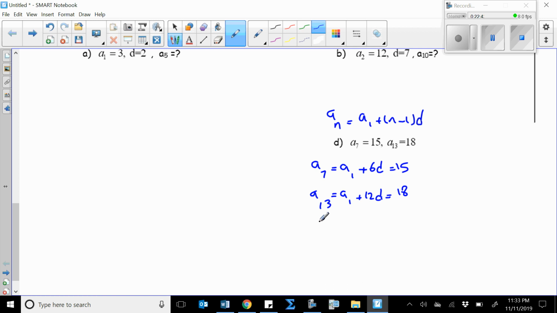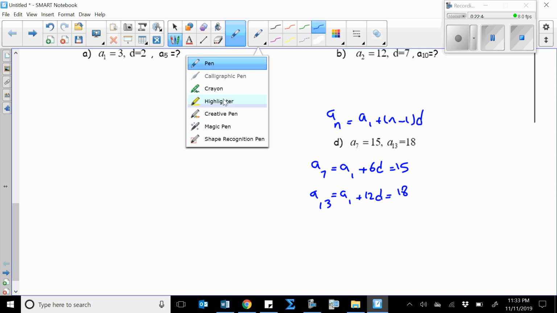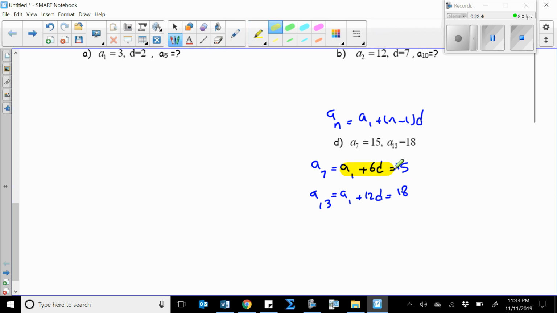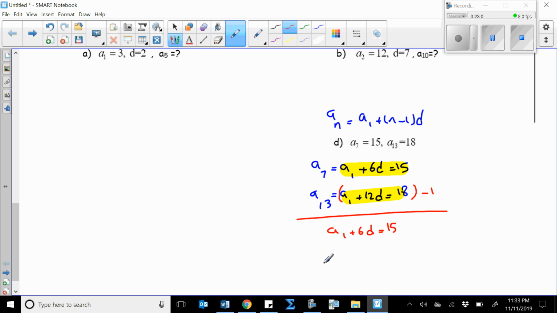Now I have another system of equations, these two. I'm going to solve it. Let's multiply this one by negative 1. So we will have a1 plus 6d equal to 15, and then negative a1 minus 12d equal to negative 18.